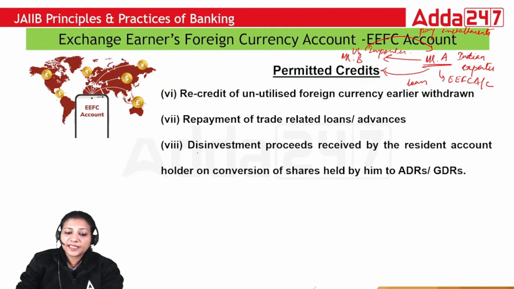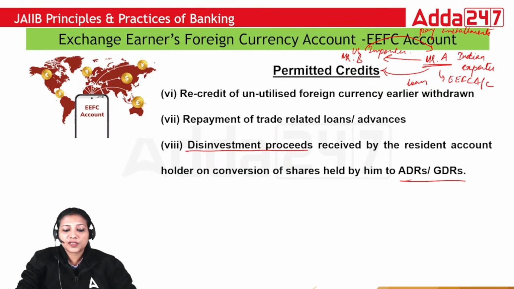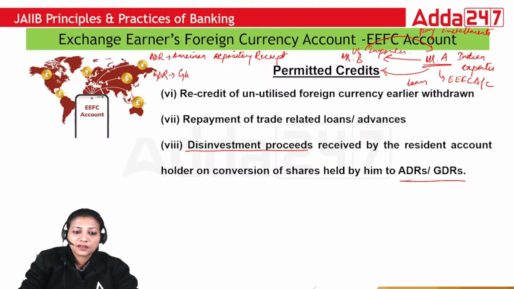If there is any disinvestment proceeds, that is, after selling shares, ADRs and GDRs, what are these? ADR is American Depository Receipt, and GDR is Global Depository Receipt.